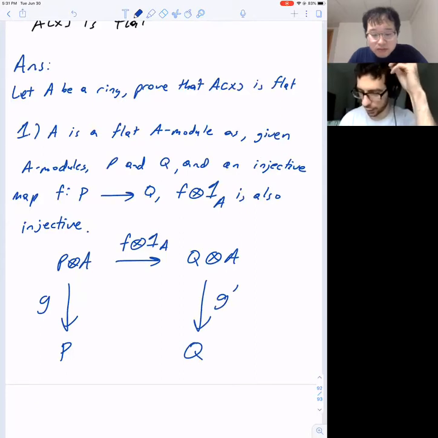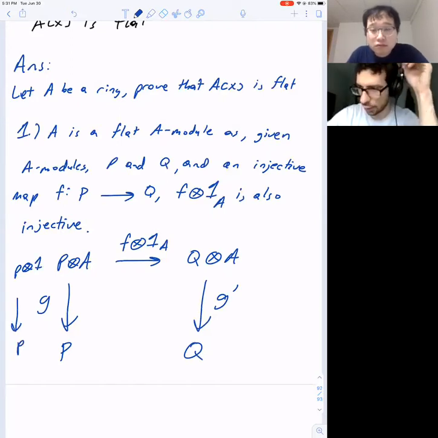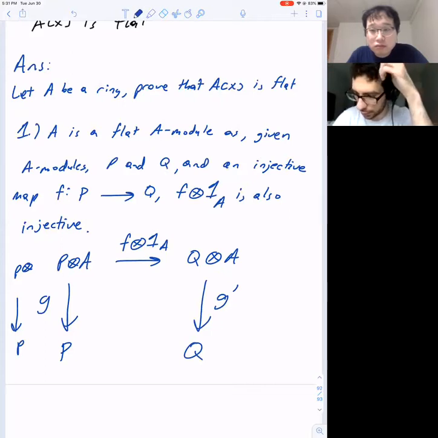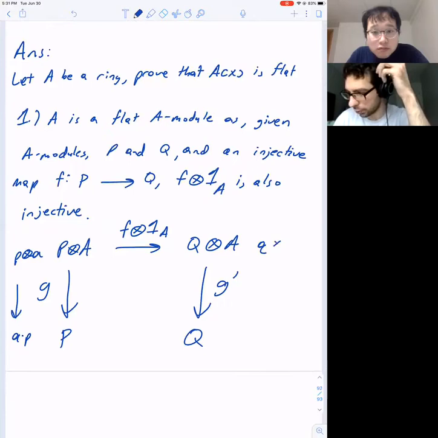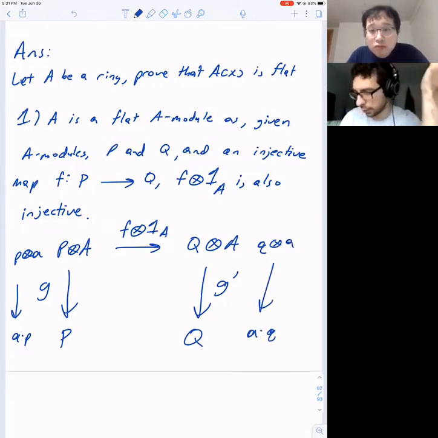So actually, G maps P tensor A to A times P, and similarly G prime maps Q tensor A to A times Q. I'm not doing the full proof because I haven't proved these are linear maps, because I didn't use the bilinear property yet, but don't worry about it.